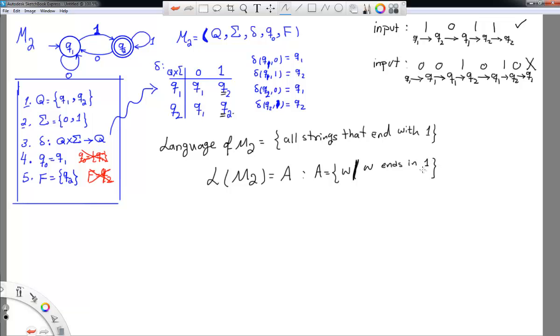All other strings will be rejected or not accepted, except for the strings whose last symbol is a 1. So this is one example of a finite automaton.